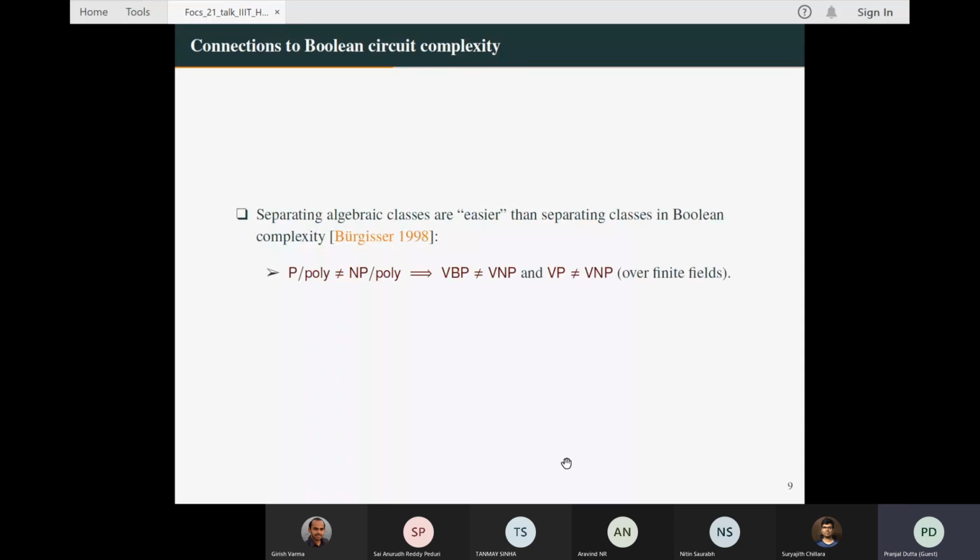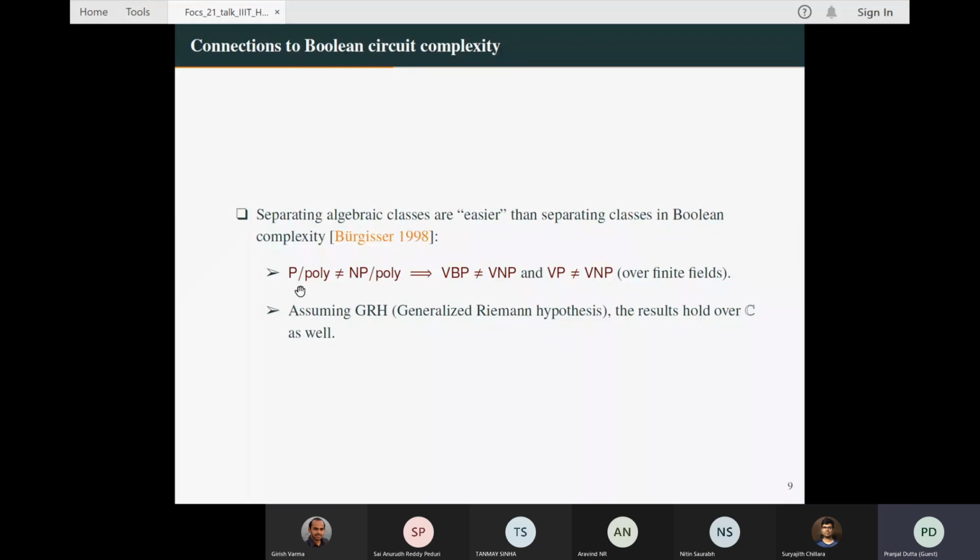So now it is known that the non-uniform version of P not equal to NP, which is the circuit version, P/poly not equal to NP/poly, actually implies these separations over finite fields. And in fact, if you assume GRH, the generalized Riemann hypothesis, then this also holds over Q or over the complex numbers as well.